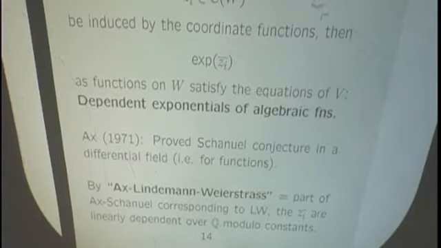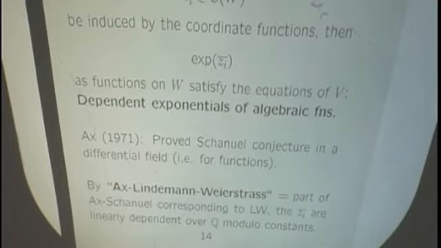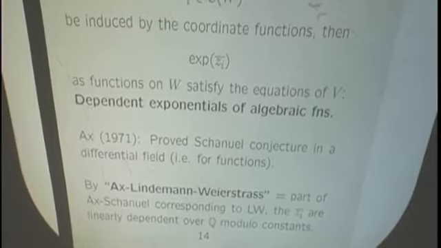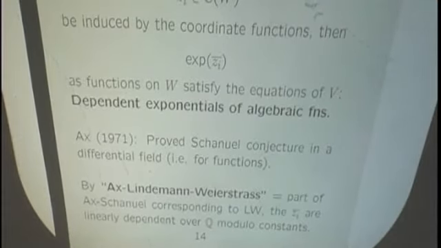So this is a functional analog of the Lindemann-Weierstrass theorem, which tells us when the exponentials of algebraic numbers can be algebraically dependent. So this functional statement, so Ax in 1971 proved indeed the Schanuel conjecture for the exponential function in a differential field.